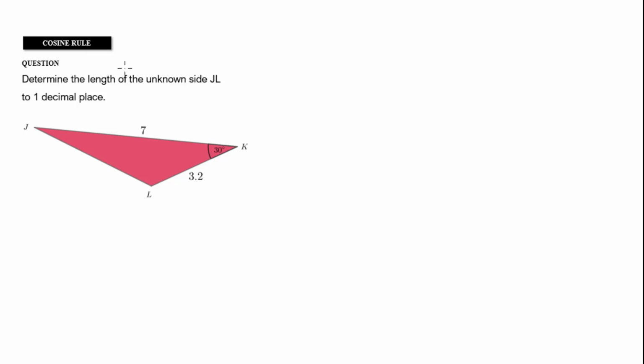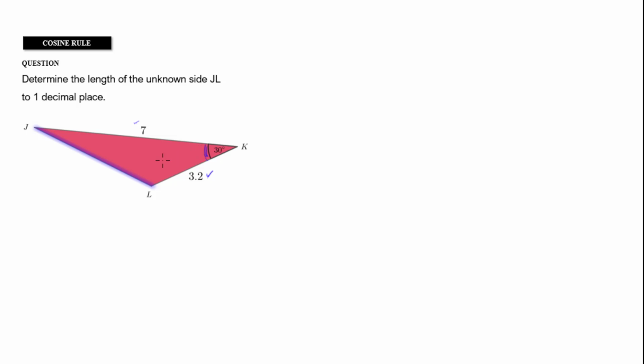In this example, we want to determine the length of the unknown side JL to 1 decimal place. And this is the side JL, right here. Now, what do we know? Well, we know this side, we know this side, and we know the angle that's between them.